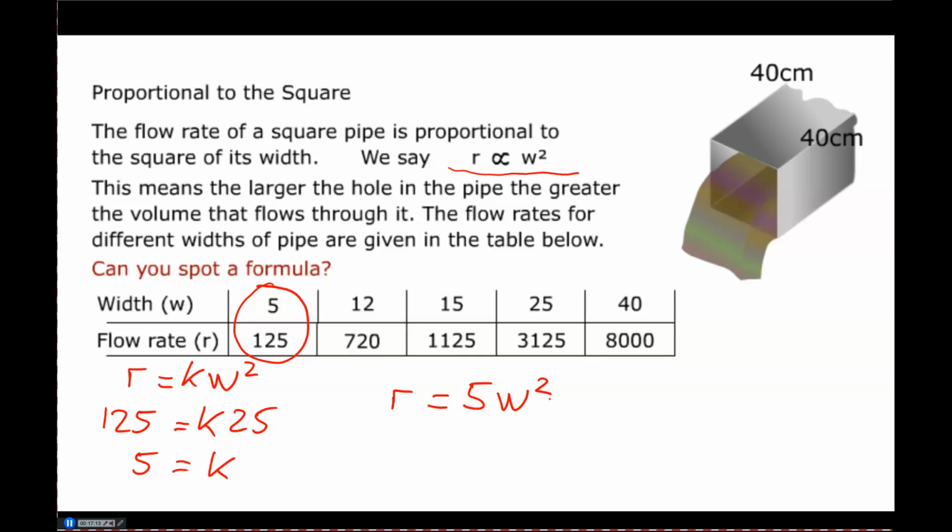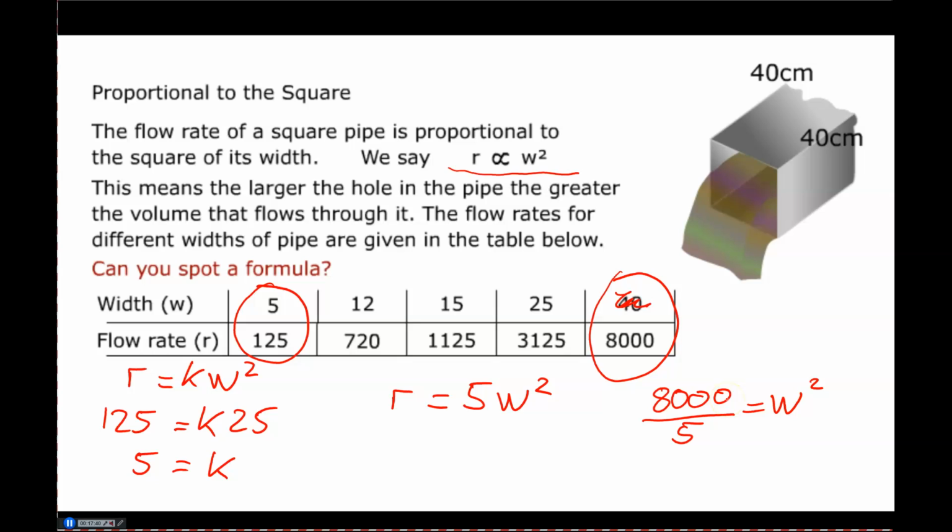Now the only thing you need to be careful of is if you're working backwards, you will have a situation where you have to do your square root. Okay, so if we say, for example, take this value here and we didn't have 40, we would have to do 8,000 divided by 5. So basically put the 8,000 in where the R is, but that's equal to W squared.